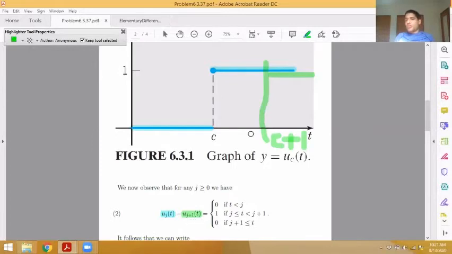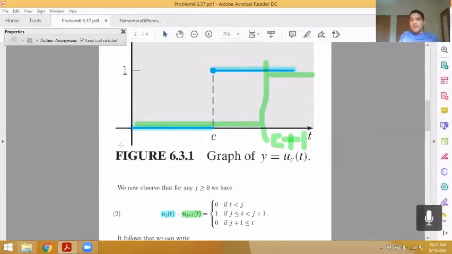So the u_{j+1} would look like this picture here that we have at c plus 1.